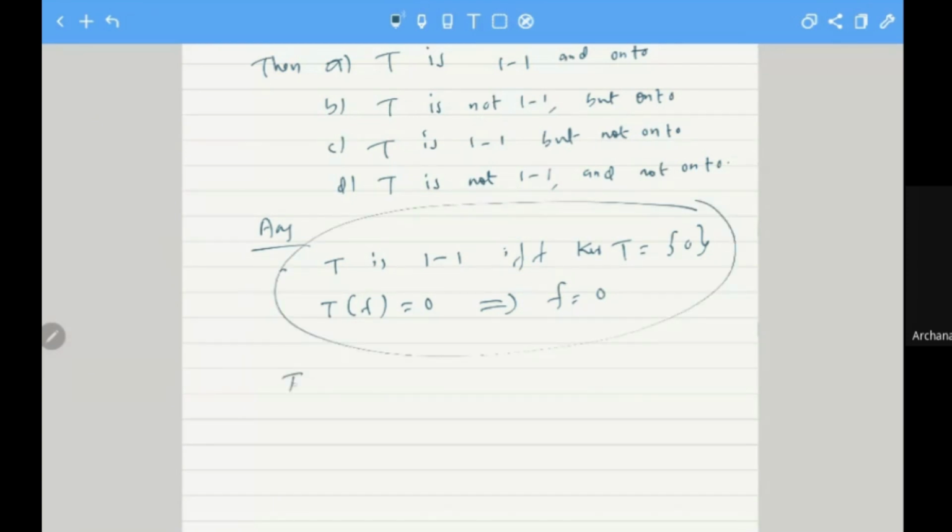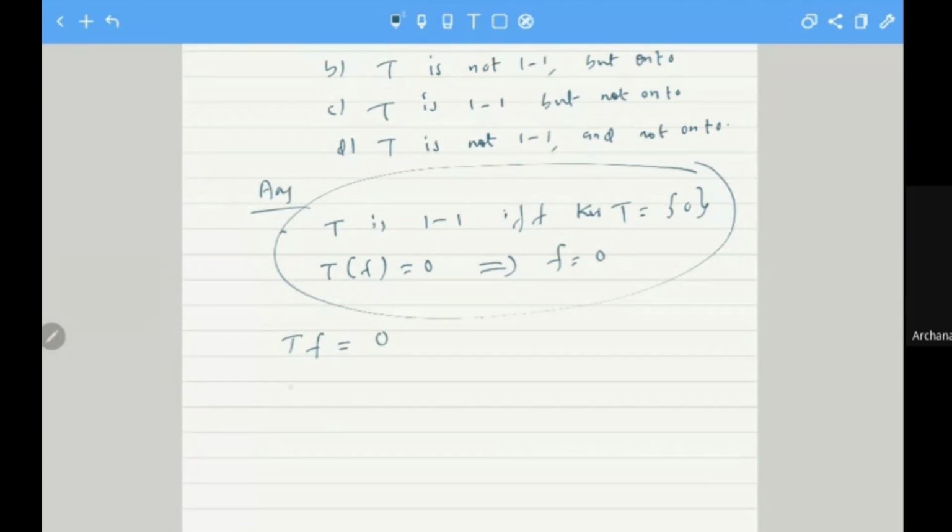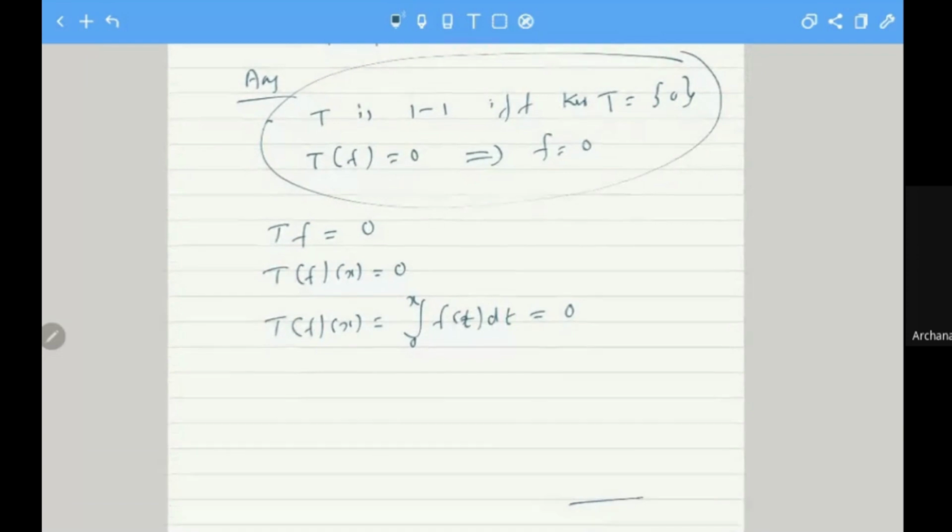Okay, let's consider some f with T of f equal to 0. T of f equal to 0 means what? T of f at every x is 0, that is, integral 0 to x f of t dt equal to 0. What does this mean?